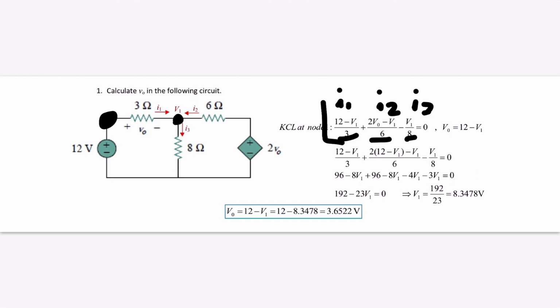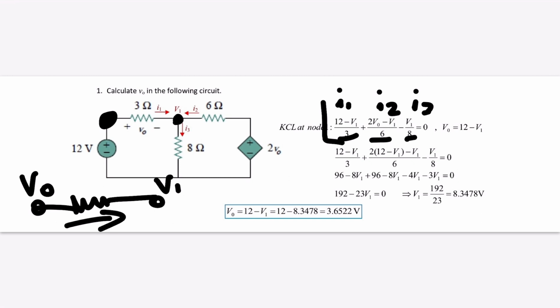If we have a resistance, a point V0, a point V1, and a current I passing through this resistor, then I is equal to the voltage before the current entered, minus the voltage after the current leaves that node, over the resistance between these nodes.